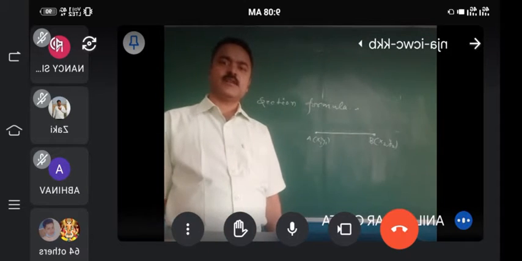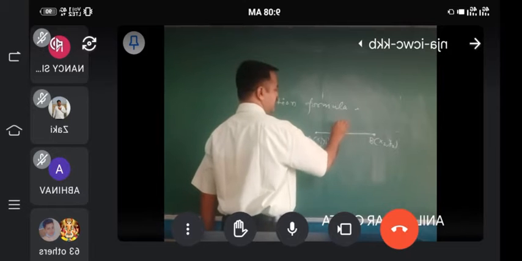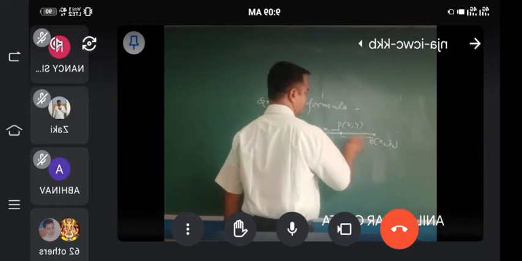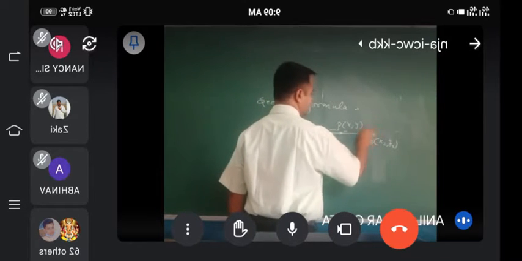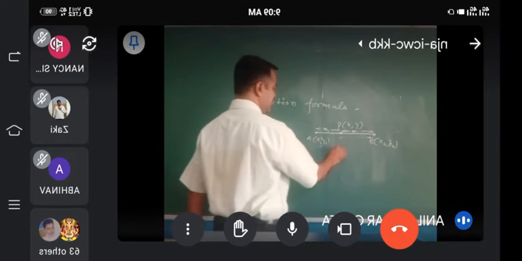Suppose that P is a point having coordinate x, y which divides the given line segment internally in the ratio m1 to m2. ठीक है? Means what is given here?